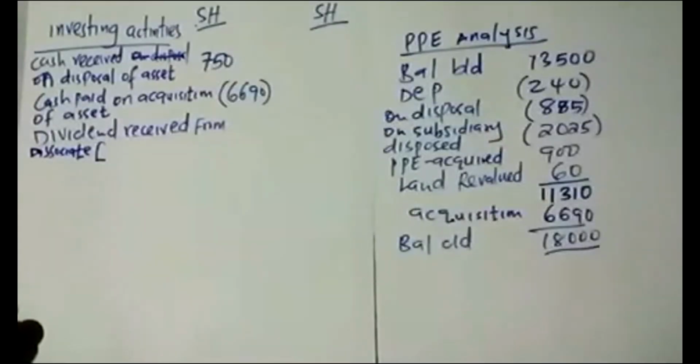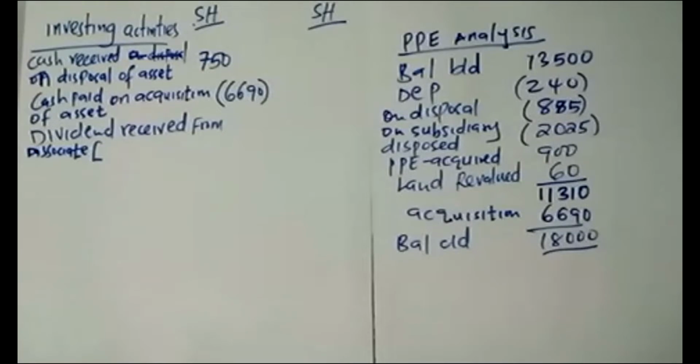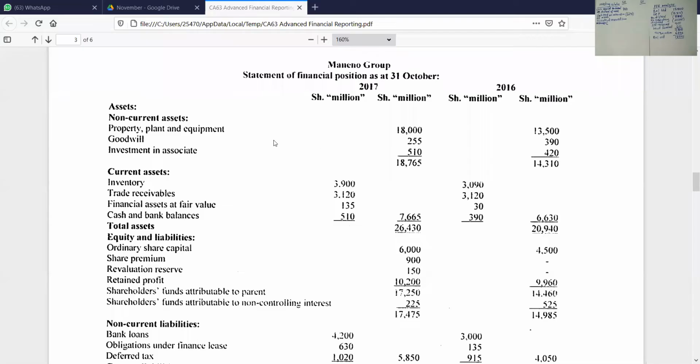In order to do this, I don't have to do huge working. It's very simple to determine. To determine the dividend received from associate, I will go to the question, to the investment in associates under non-current assets.